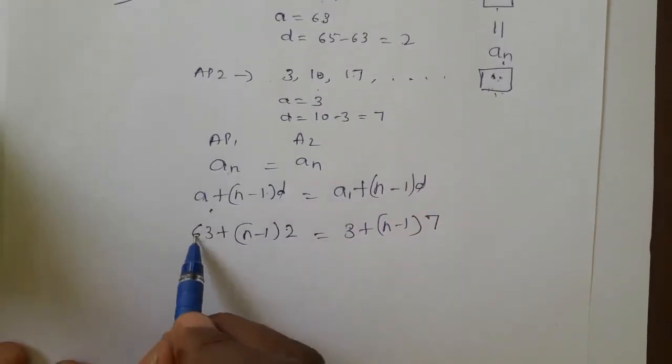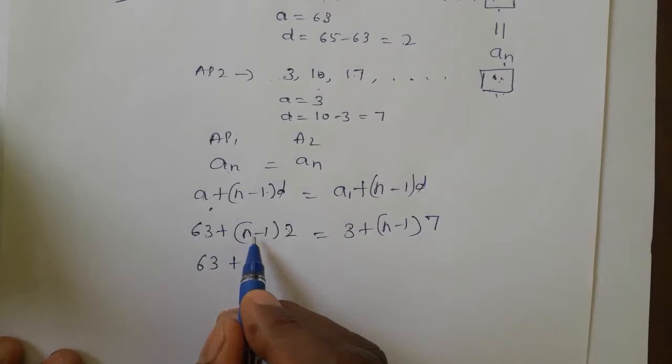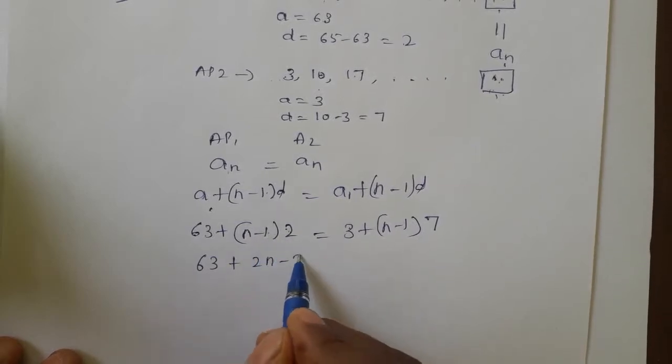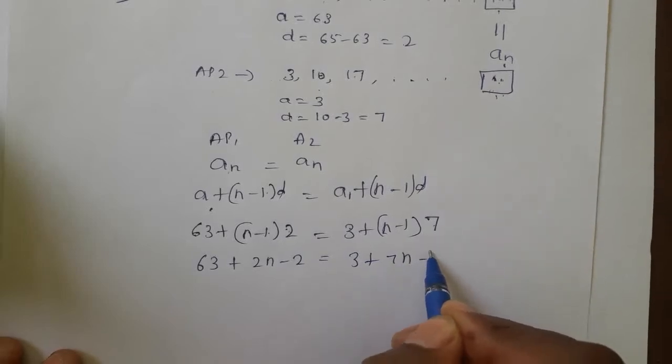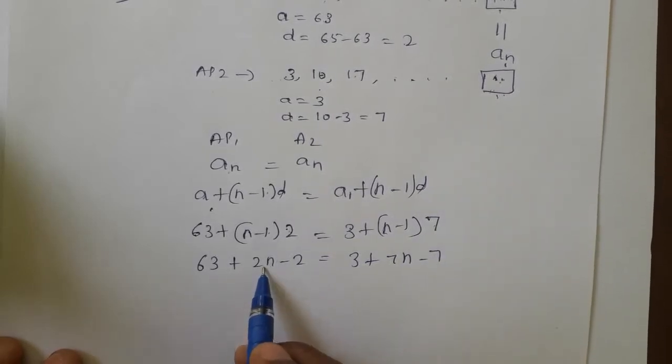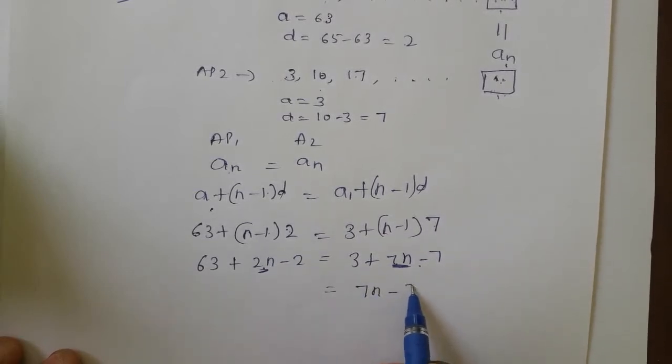Second AP. Now 63 plus 2 into n, 2n minus 2. This side, 3 plus 7 into n, 7n minus 7. Now this is 2n, this is 7n. 7n is bigger and 2n is smaller, so we take 2n to the right side: 7n minus 2n.